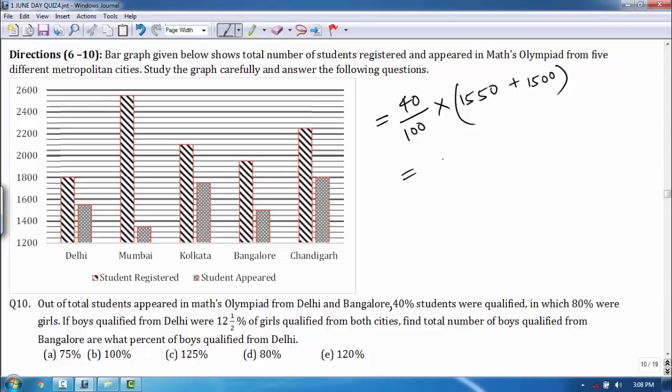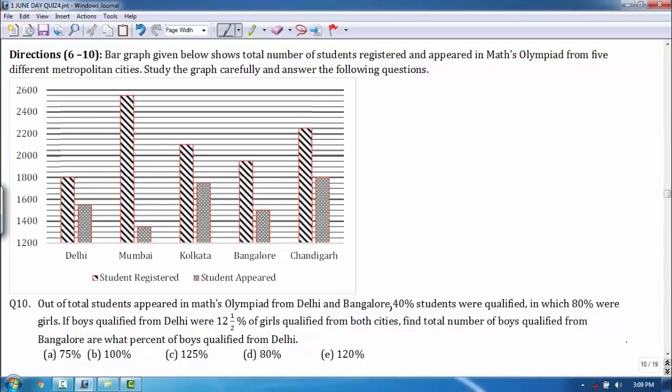So this will give us the number as 1220. Now the total number of girls who qualified in Maths Olympiad from both the cities will be 80% of 1220. That will be equal to 976.